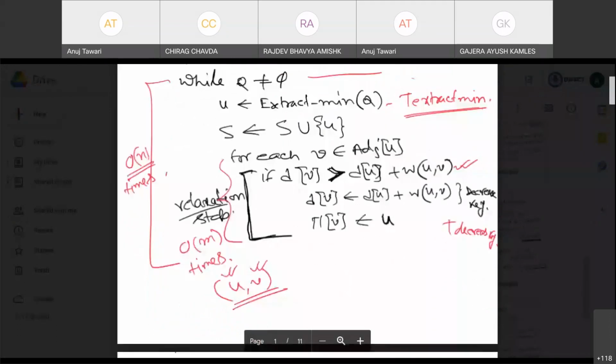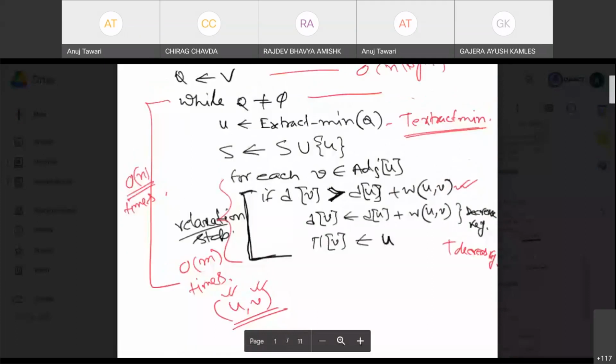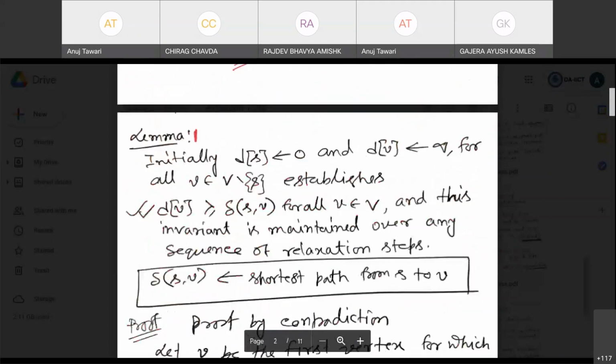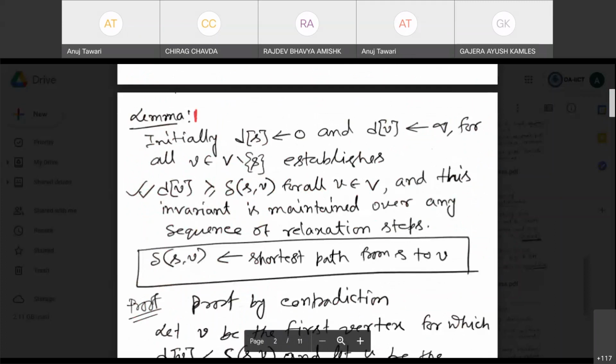So which data structure are we going to use? There are many different options. In fact, first we'll prove that this algorithm is indeed correct.